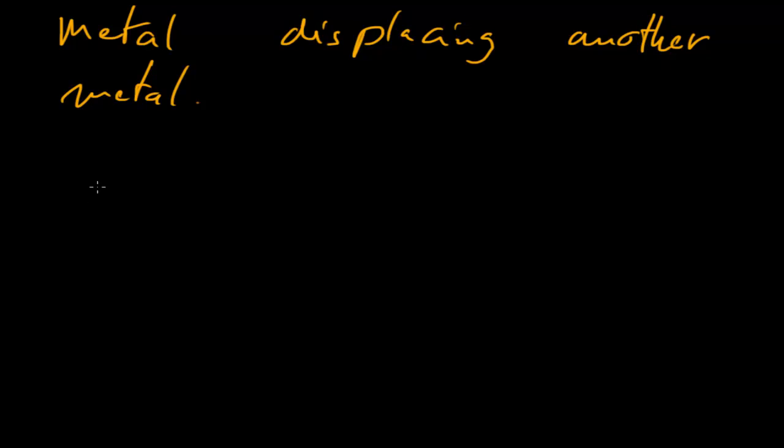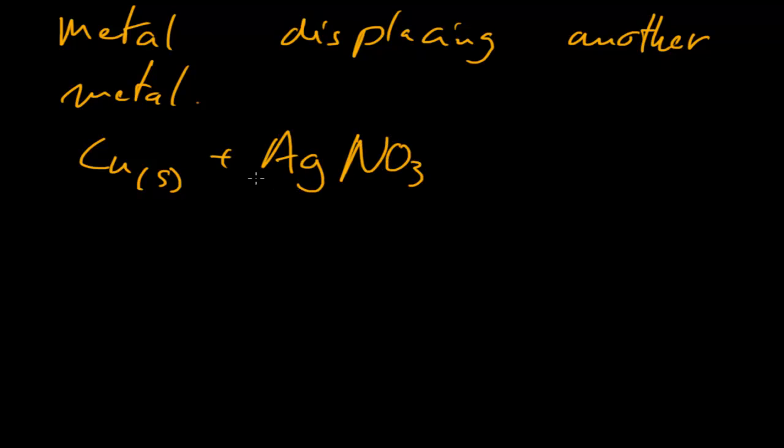A good example of this is when you have a copper wire inside a silver nitrate solution. It's a pretty cool experiment. I hope someone would demonstrate this to you in class. It's a really neat thing to see.